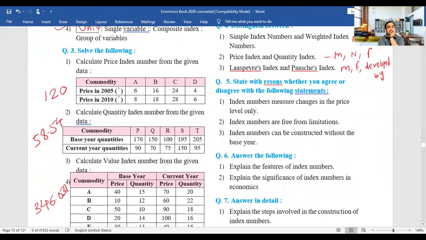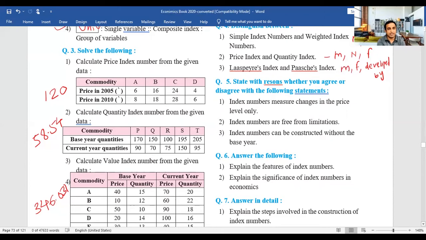Now what I have done is that I have solved the problems in detail at my end, and I have arrived at the correct answer, which I have written here. What you have to do is understand the concept first, apply the formula, do the relevant summations, and then find the answer. So answer I have given. If you still struggle to find the right answer, don't worry.